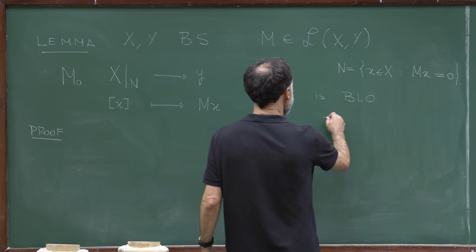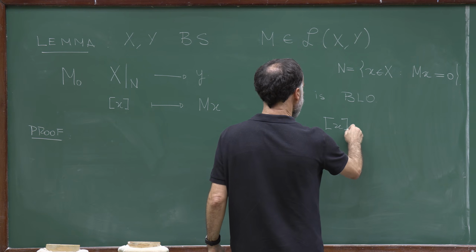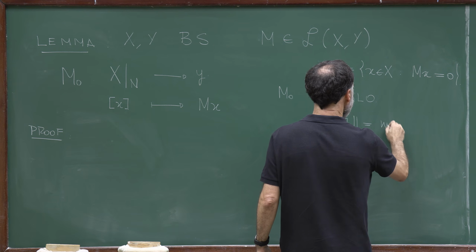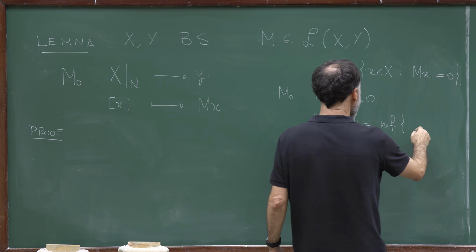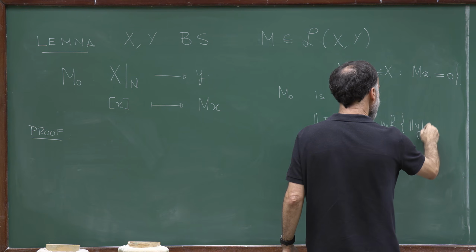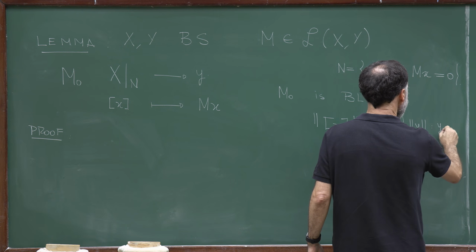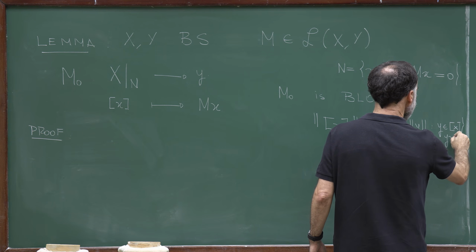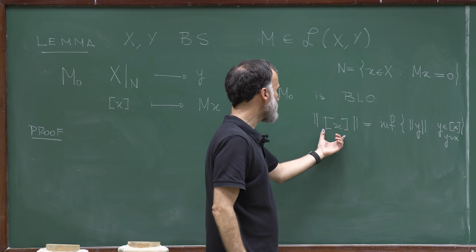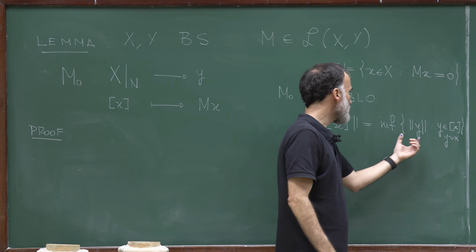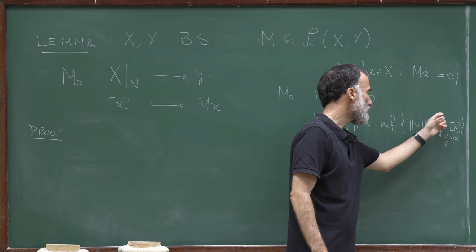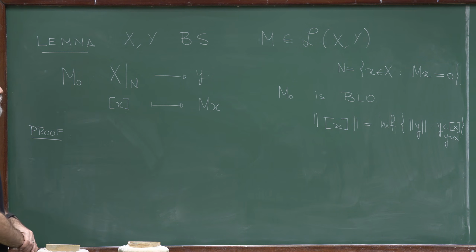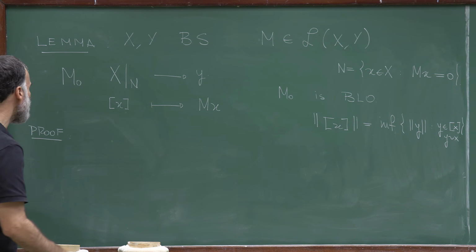So if you take an equivalence class of x, the norm of this equivalence class is given by the infimum over all y of the norms of y, for y in the equivalence class x, or y equivalent to x. So the norm of the equivalence class, remember, is the infimum of the norms of all elements in that equivalence class.